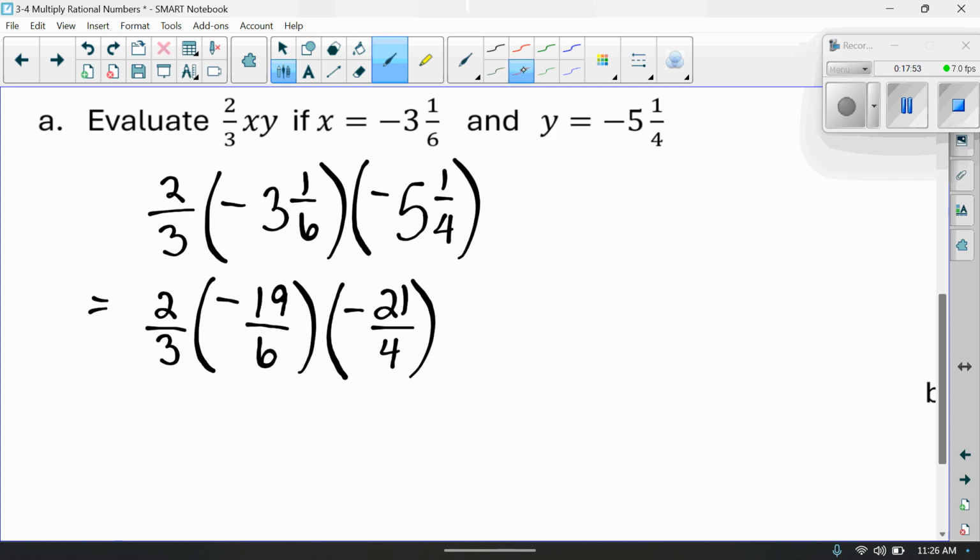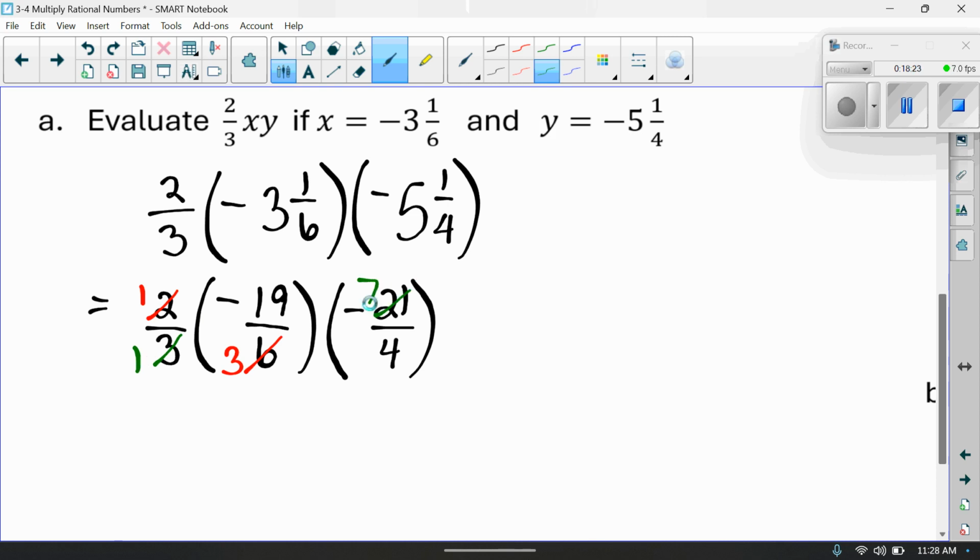So 2 divided by 2 is 1, and 6 divided by 2 is 3. Okay, good. So we can do the 3 and 21. Does it matter which 3 I use? No, it doesn't. I'm going to use the other one, just because it's there. So 3 divided by 3 is 1, and 21 divided by 3 is 7.